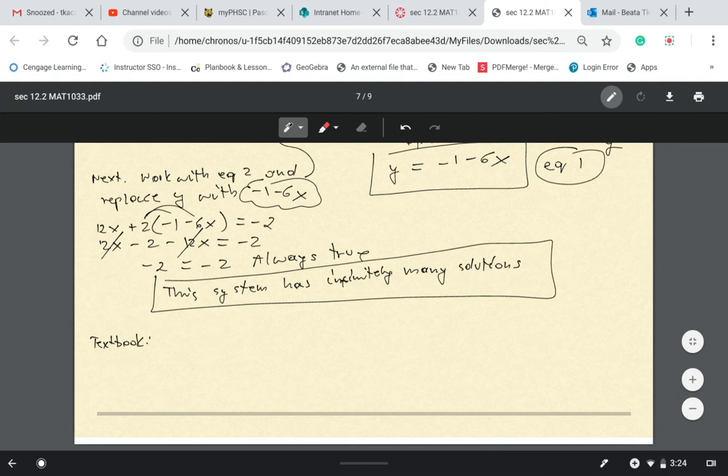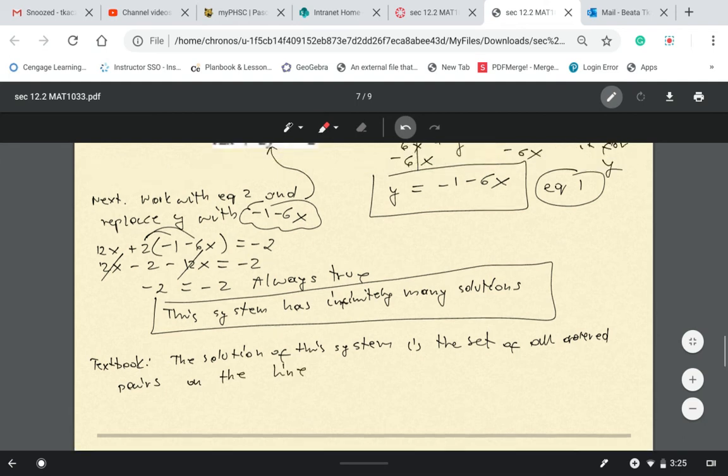If you have a system of dependent equations, they say the solution of this system is the set of all ordered pairs, because infinitely many solutions means infinitely many points, on the line.